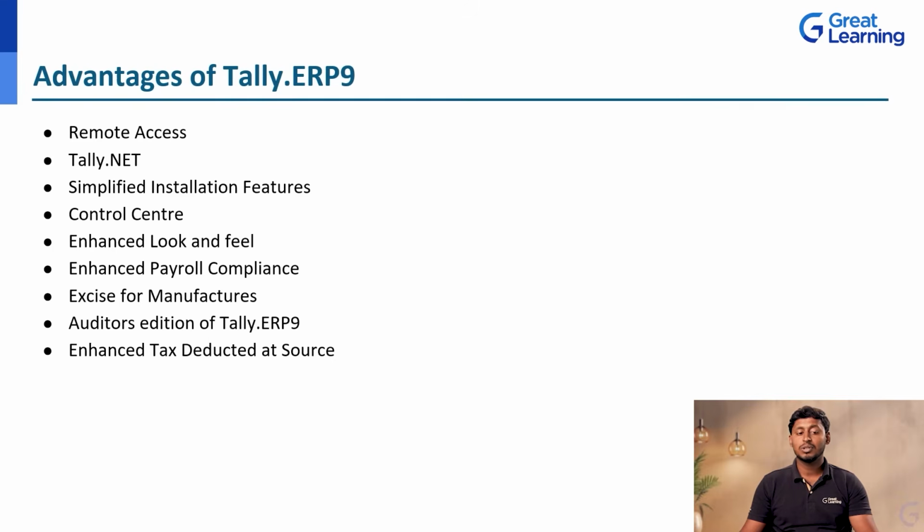Next, auditors edition of Tally ERP 9. The auditors check and verify, and then they give the financial reports, right? Like that here also in the ERP 9 version, it will prepare and generate the reports as the auditors require.